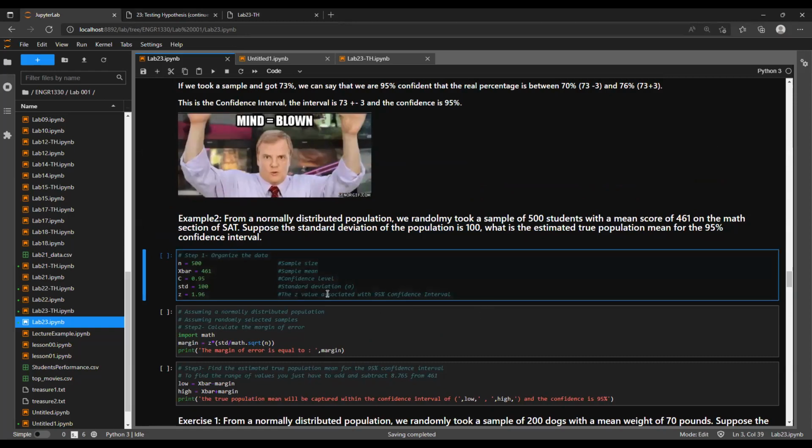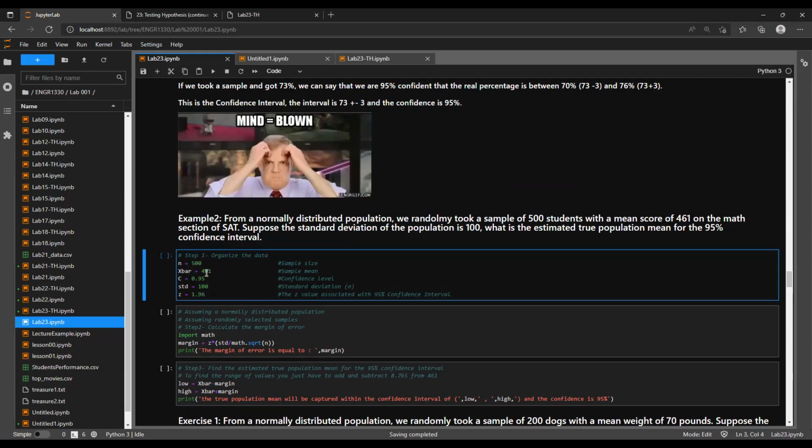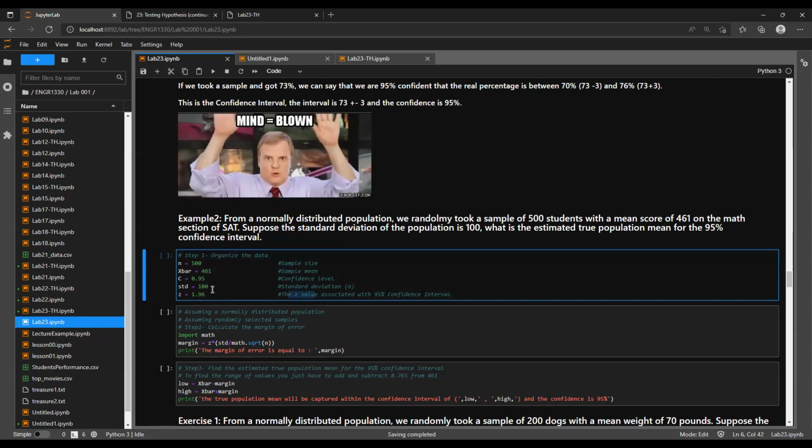Okay, let's do that. Step one, we're going to get our data. We got 500 students. We got the mean. We want a 95% confidence. We're assuming our standard deviation is 100. And we've got our z-value. How do we get the z-value? There's a formula to calculate it. You just plug all these things in, and there you go.